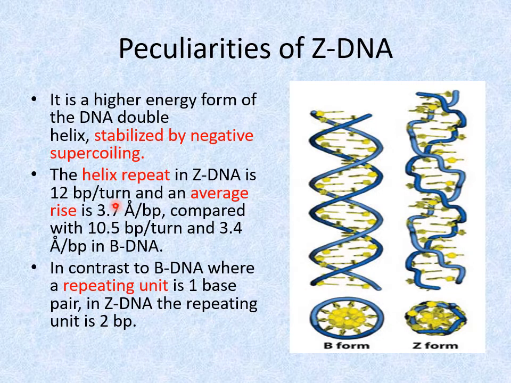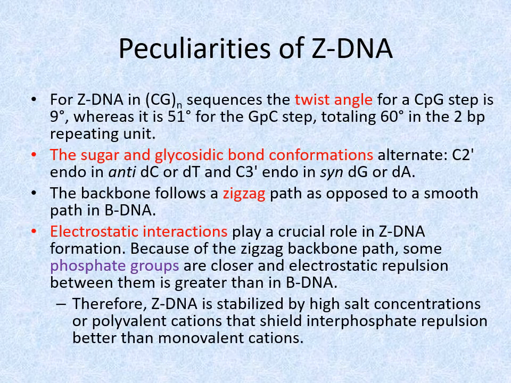That means per helix repeat, there are only 6 dimers, 6 basic units per turn present in case of Z-DNA molecule. And what is the reason why the size of the repeating unit is 2 base pairs in Z-DNA?